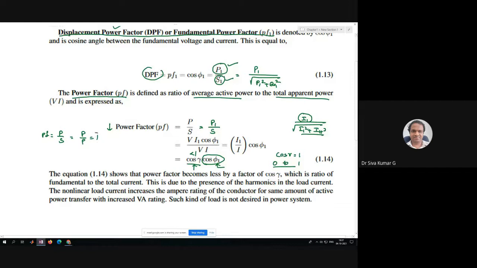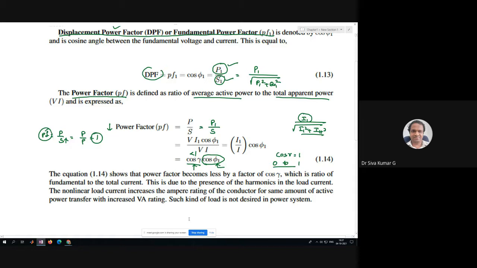We require to maintain unity. When this value is higher, then it cannot be a value of 1. In that case, we are underutilizing the source. When there is a Q term, we are using non-useful power. Using non-useful power is not an advantage in an electrical system.